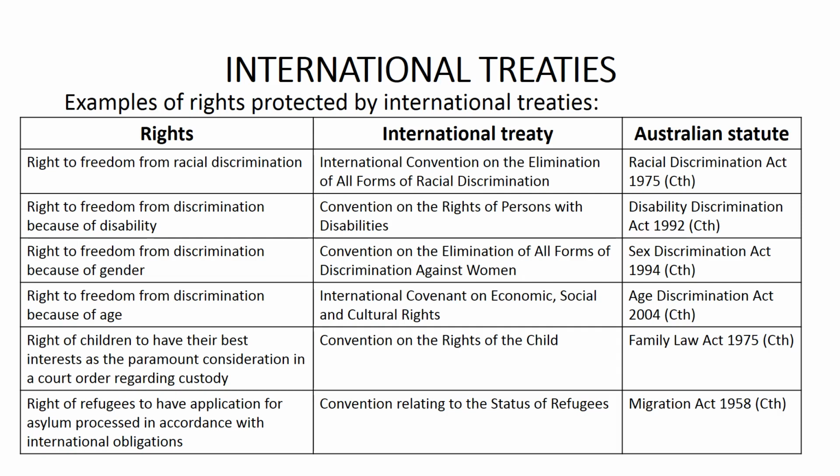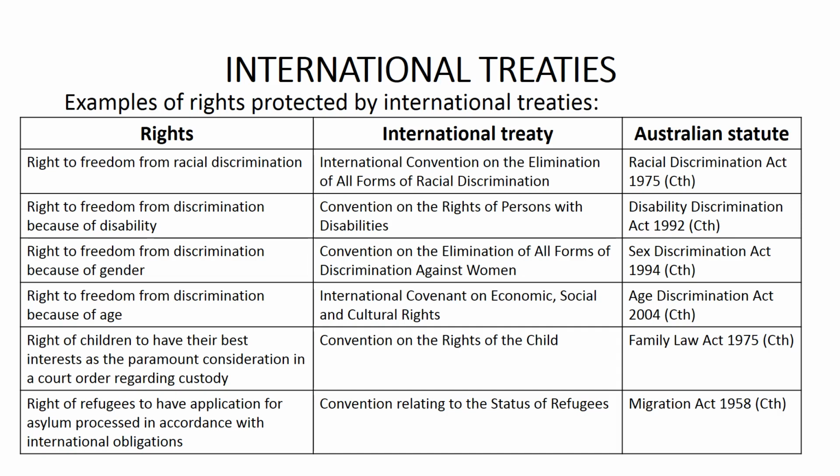Similarly, you can see that there are rights to freedom from discrimination because of disability, because of gender, and because of age. These are all rights which are recognised under international treaties: the Convention on the Rights of Persons with Disabilities, the Convention on the Elimination of All Forms of Discrimination Against Women, and the International Covenant on Economic, Social and Cultural Rights.